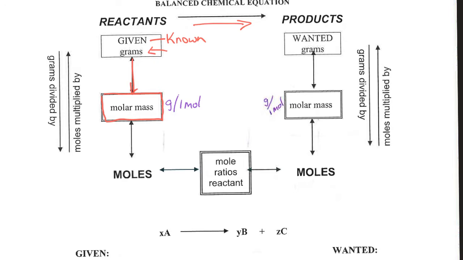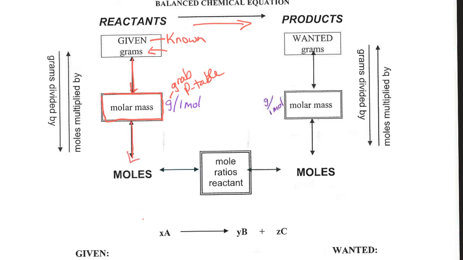Remember, the G for grams stands for grab your periodic table, because you're going to have to calculate that. So when you've finished with the molar mass step, you'll have converted your reactant, or your known, to moles.